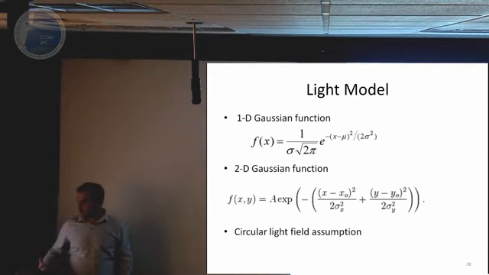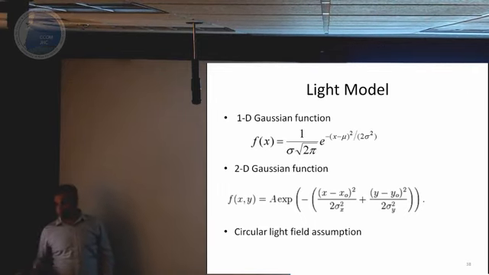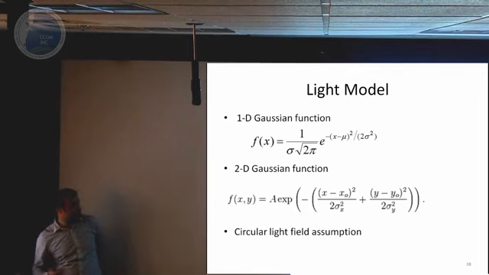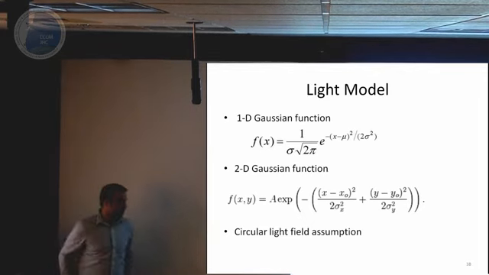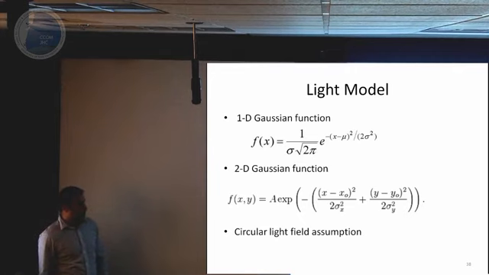Then we can get our light models. In our research, we use two different types of light models. The first one is a 1D Gaussian function, and the second one is a 2D Gaussian function. Here, sigma is the width, the standard deviation, and mu is the center, the average.